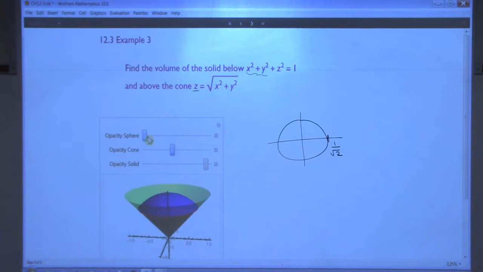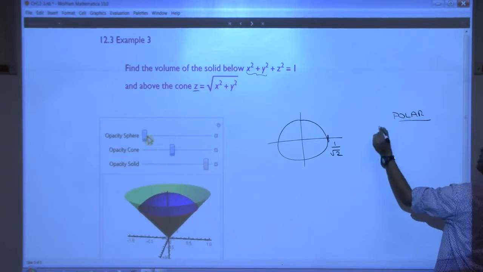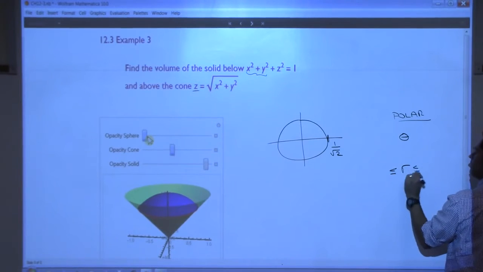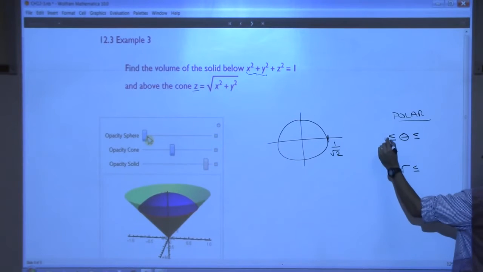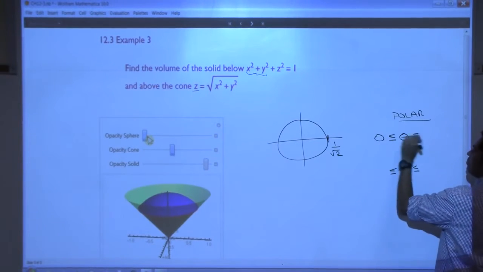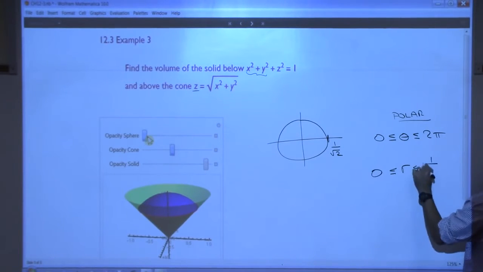All right, polar region. As a polar region, theta is going between, and r is going between. Theta? 0, 2 pi. R, 0, 1 over root 2.